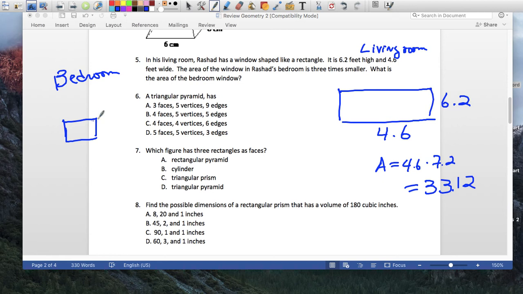The area of the bedroom window is 3 times smaller, so it's 33.12 divided by 3. That's going to give us 11.04. What's the unit? Feet squared. Okay, it's a big window.